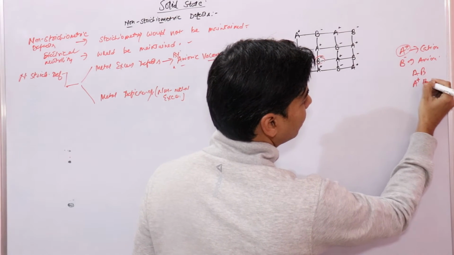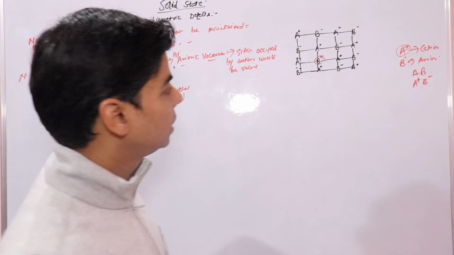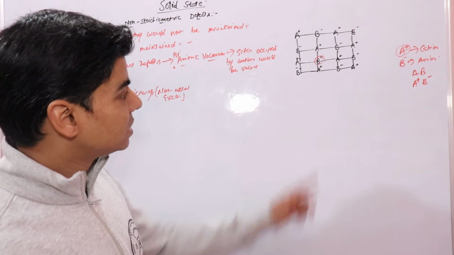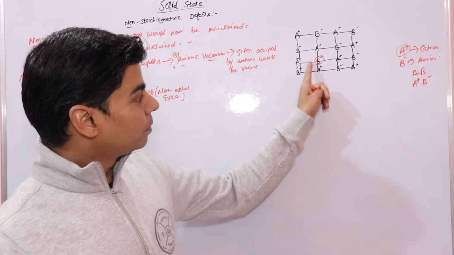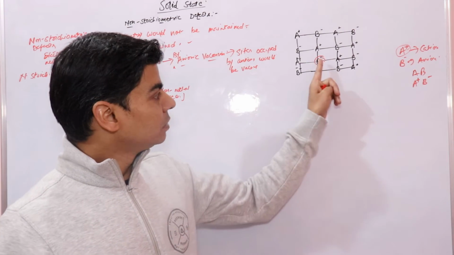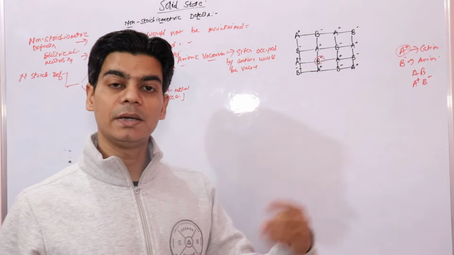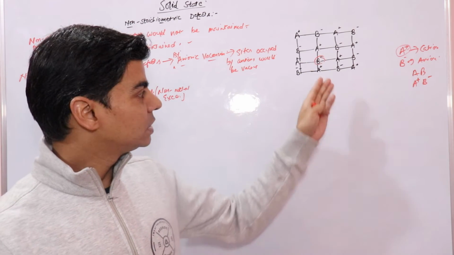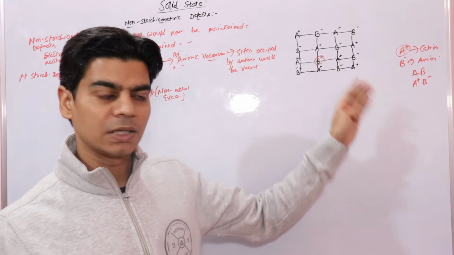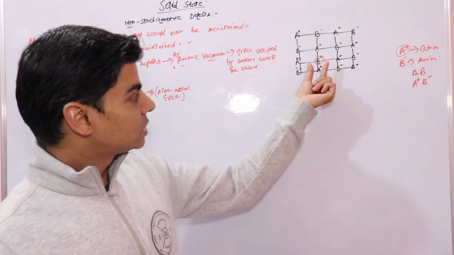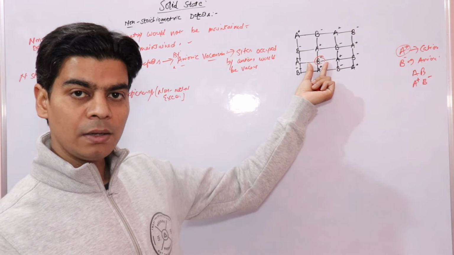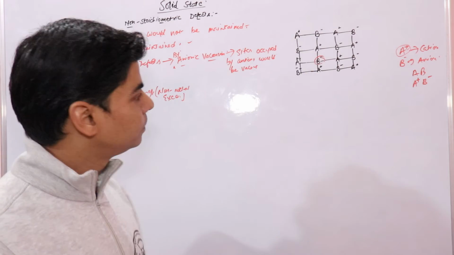A is positive and B is negative. So if B minus is missing from its lattice site, then the place of this anion would be taken by an electron, which is a negative particle.